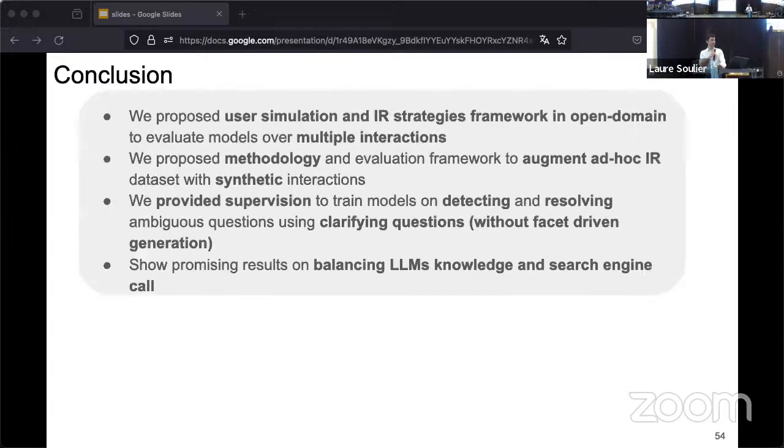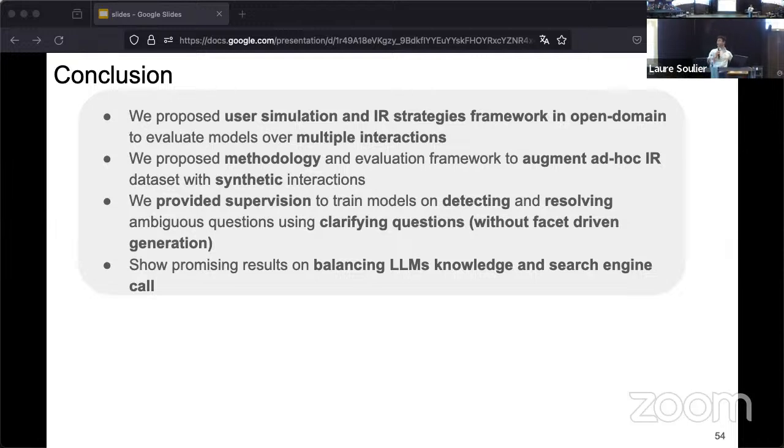In conclusion, in this thesis, we propose to use user simulation and a user strategy framework in the open domain to evaluate models over multiple interactions. We also propose a methodology to augment existing datasets with synthetic interactions to better train conversational models.